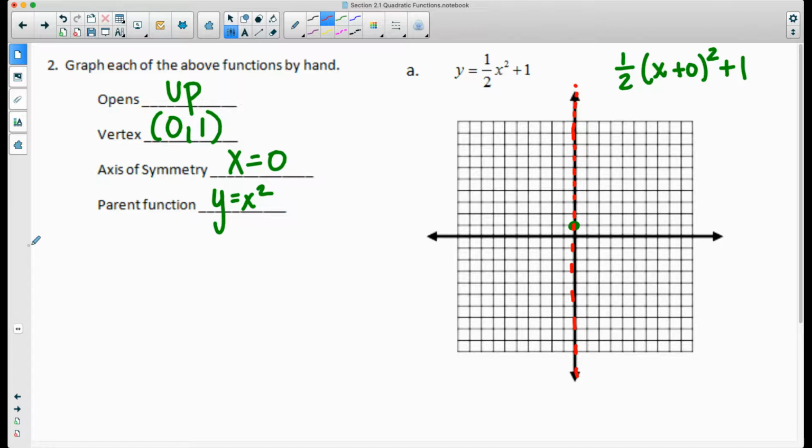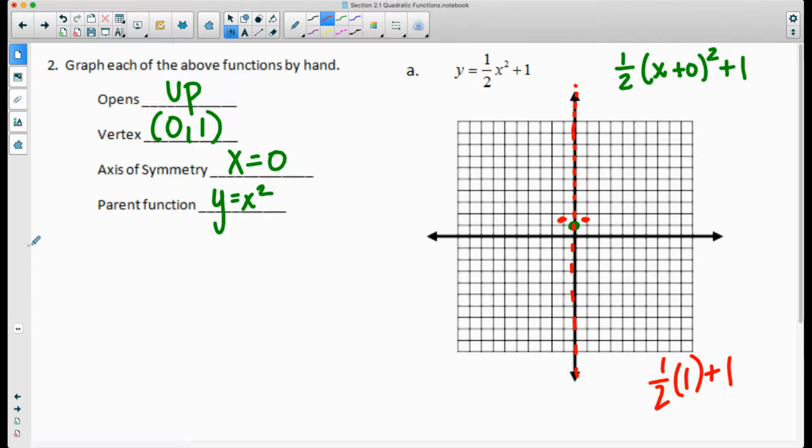I just go on either side of the axis of symmetry and plug it in. So for example, if my axis of symmetry is at 0, I might take 1 and plug it into that equation. So 1/2 times 1 squared plus 1 is 1.5. Since I know this is a vertical compression, I'm going to probably pick even numbers to plug in.